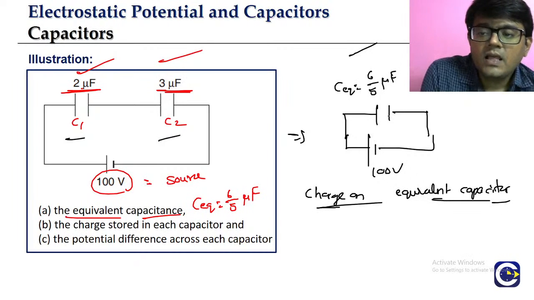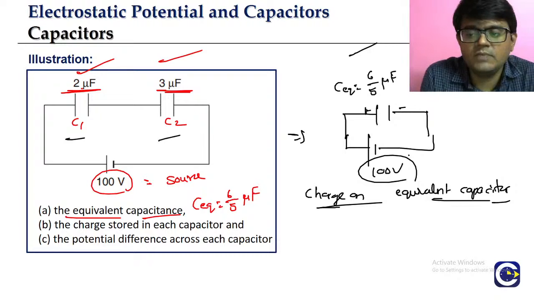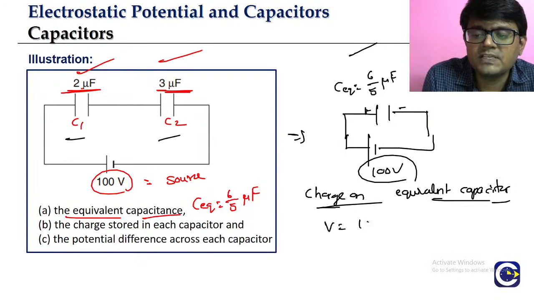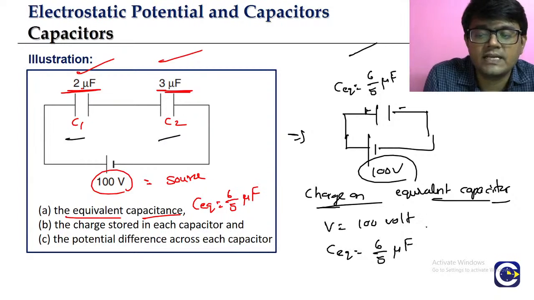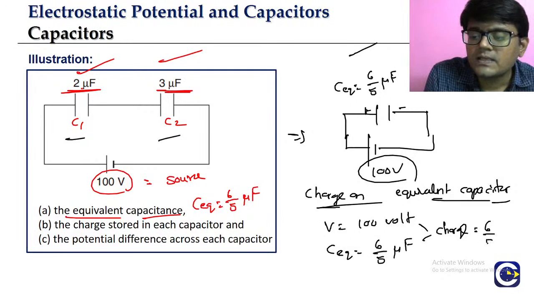Look, what is the potential difference across the equivalent capacitor? It is connected to the battery. Means what? The potential difference is 100 volt. What is the capacitance value? 6 by 5 microfarad. So what do we need? Charge. What is charge? Charge is equal to C into V, which is 6 by 5 microfarad into 100 volt.